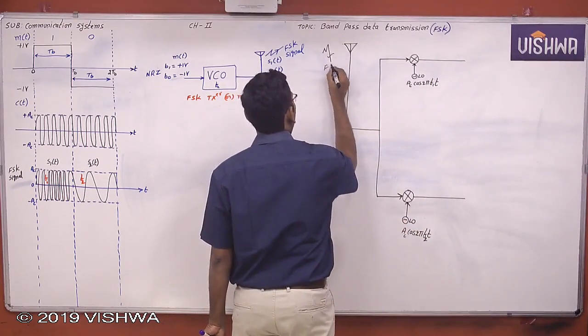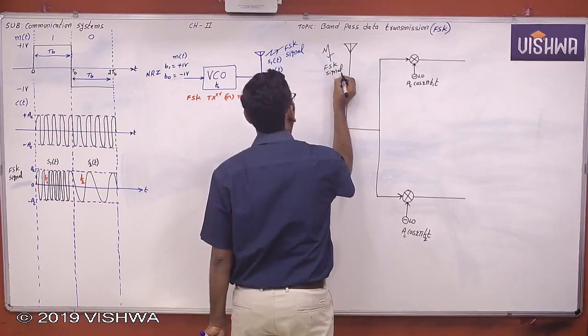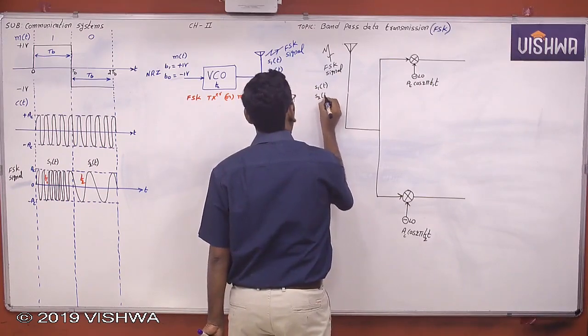Now this is an FSK signal, S1 of t and S2 of t.